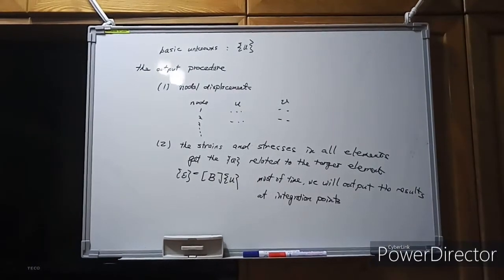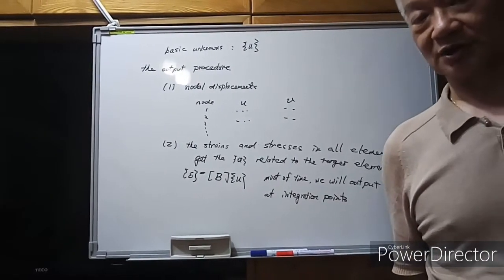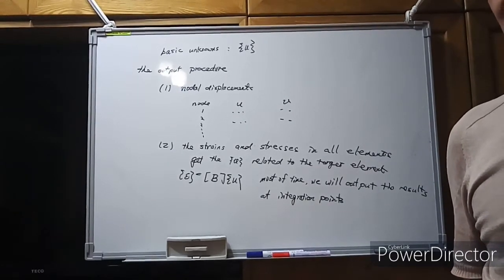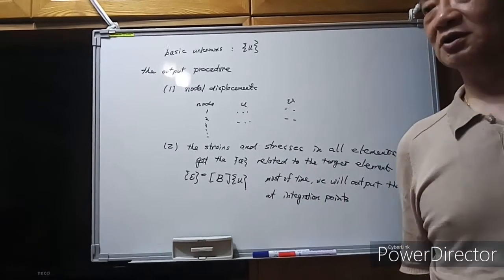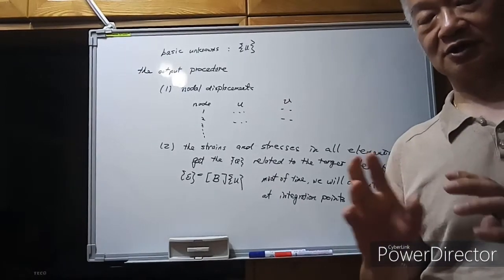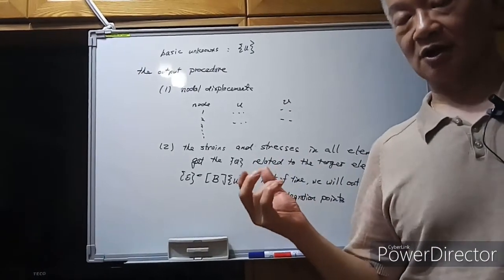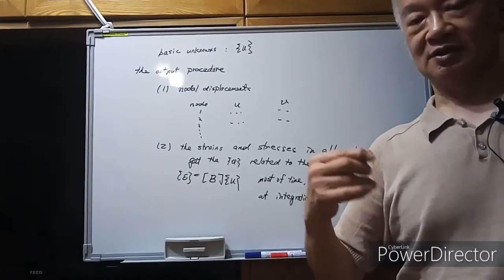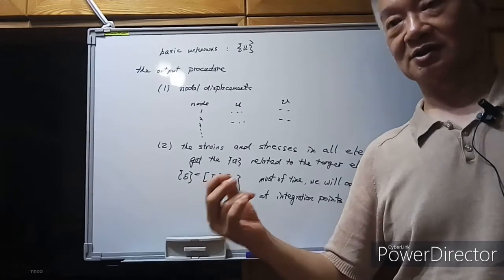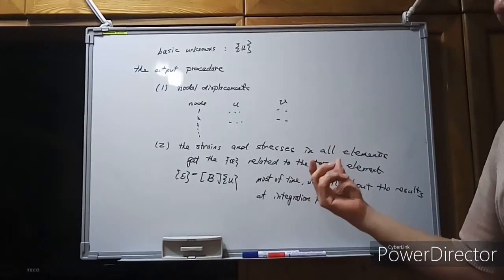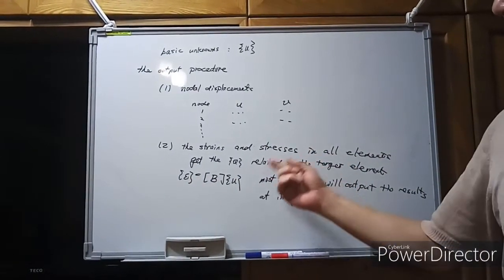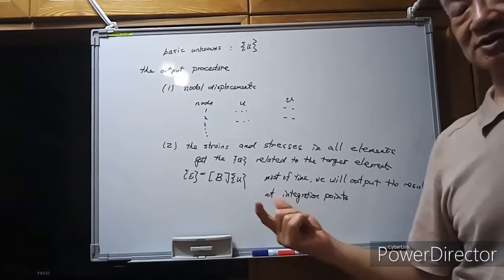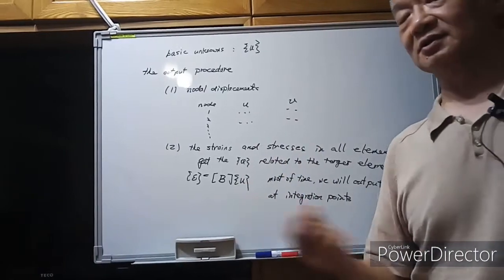Based on previous research, if we compare the accuracy of the output strains at the integration points to other points, we found that the accuracy at the integration points is always better.